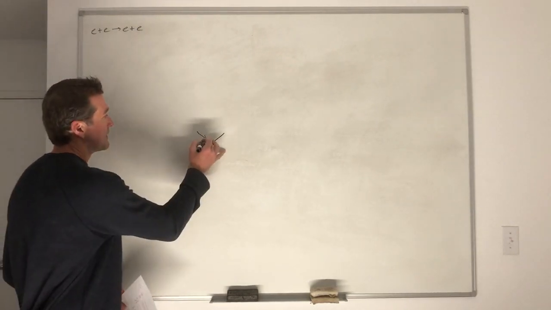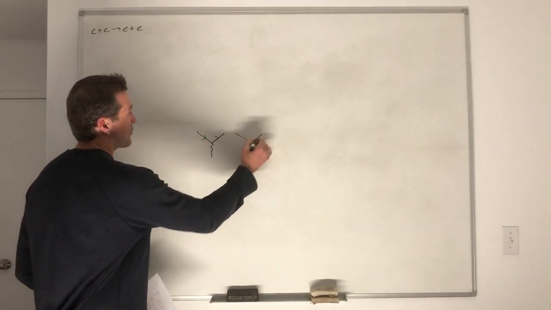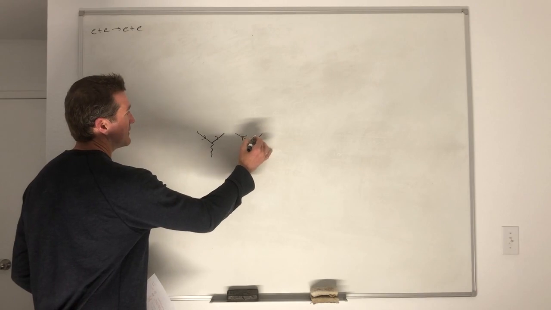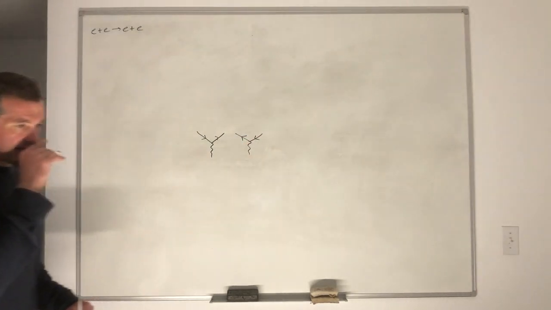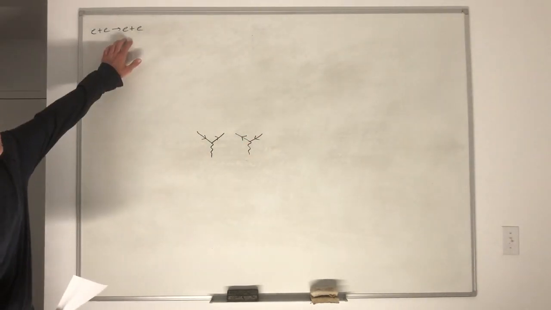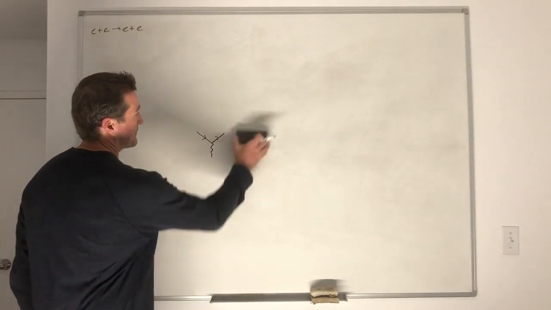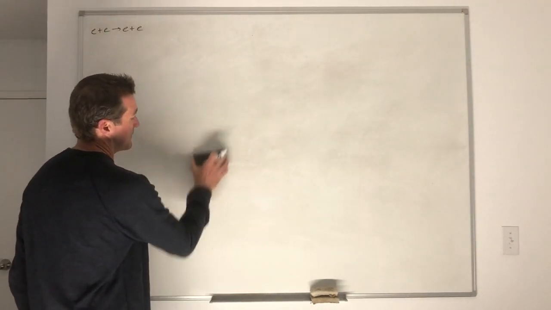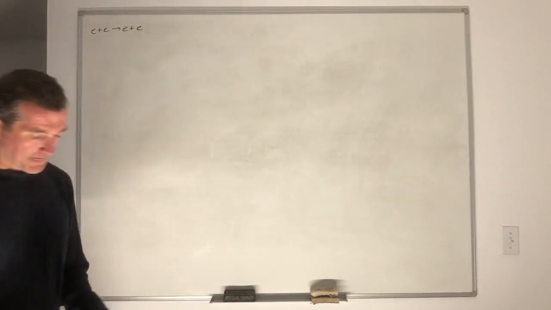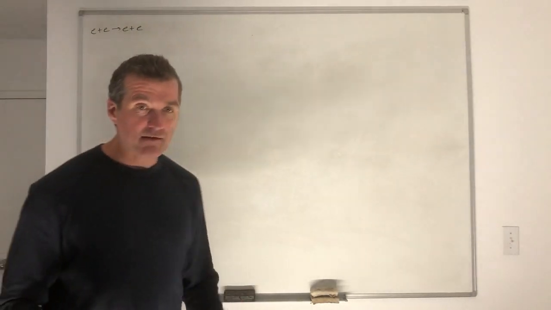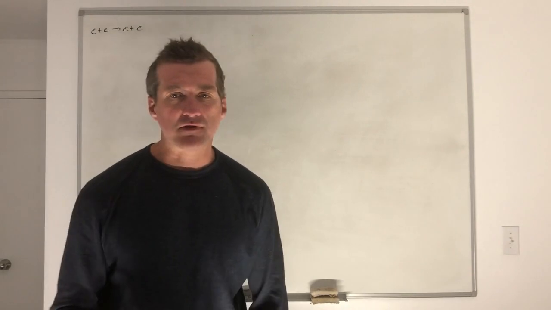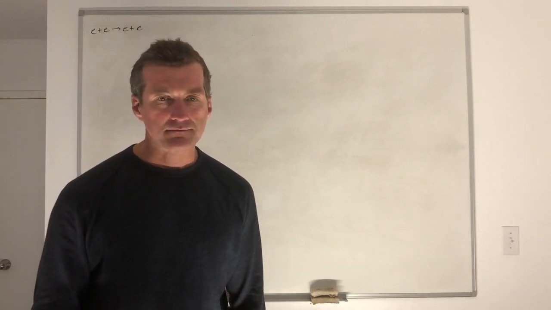Take a moment to write down the lowest order diagrams that would describe this. And once somebody has them, shove them into the camera so I can see what you've got.